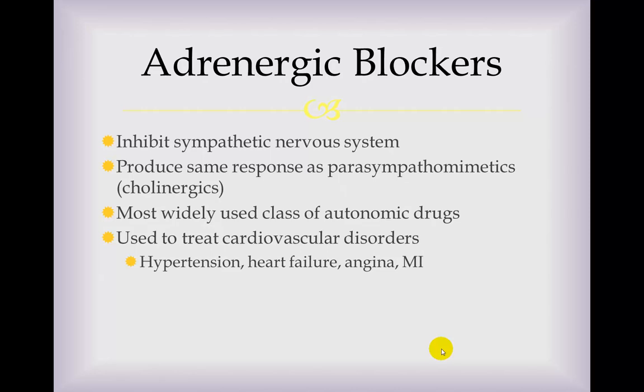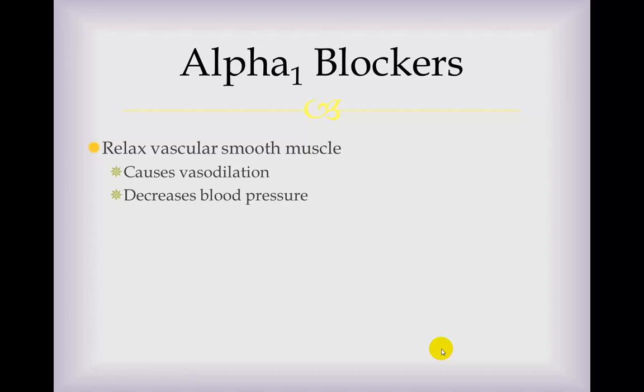So what does blocking the adrenergic system do for us? Well, it can relax vascular smooth muscle. Remember, when we stimulate it, we get changes in dilation. Well, that change is constriction. So stimulating alpha-1 causes vasoconstriction.